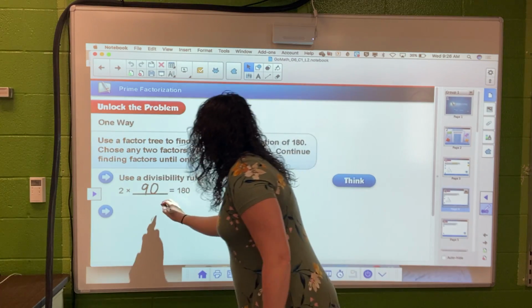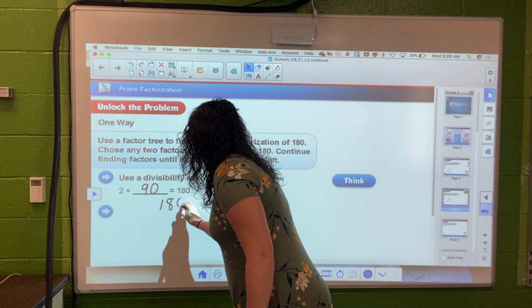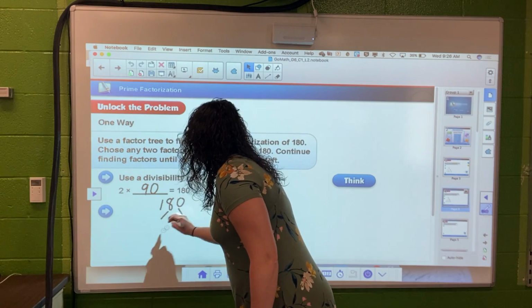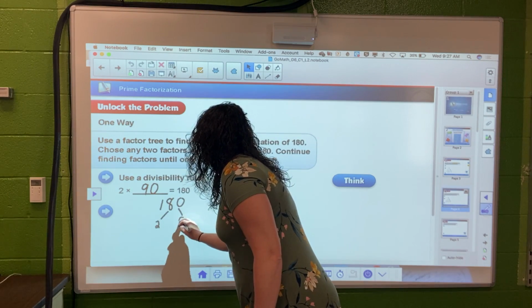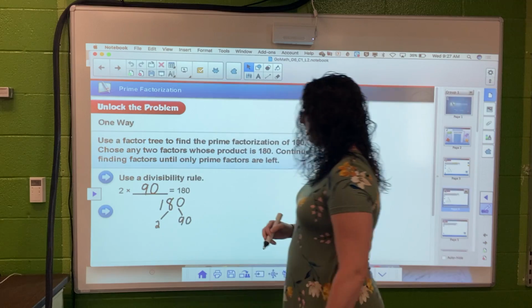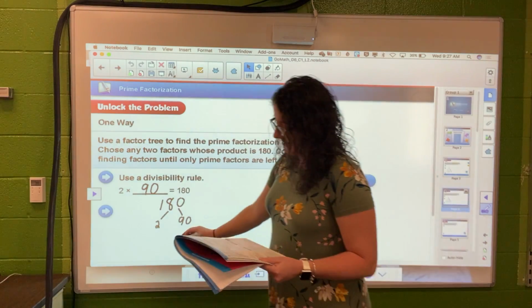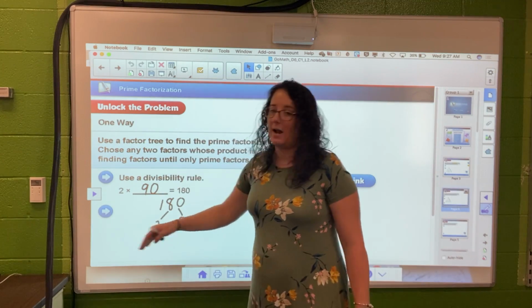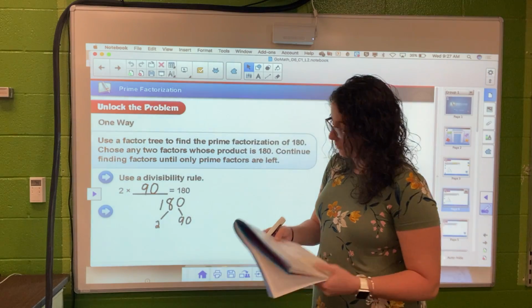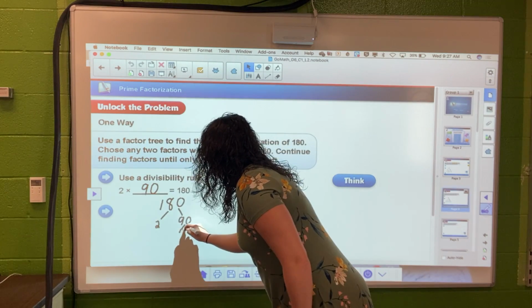So I'm going to write 180, and we branch off. We have 2, and we have 90. Now 2 is already a prime number, so we don't have to worry about that, but we do have to worry about 90.